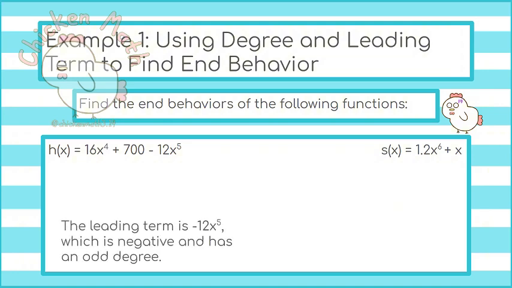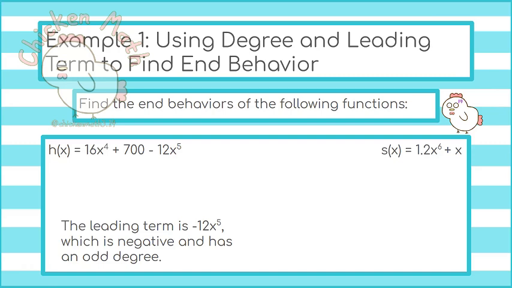Well, let's think about the left end behavior as x approaches negative infinity. So as x decreases, our output values will increase. Our graph will be going upwards. So that just means that our outputs will be approaching infinity. Now, if we look at our right end behavior, as x approaches infinity, because our degree is odd, we know that our end behaviors will differ on both the left and the right.